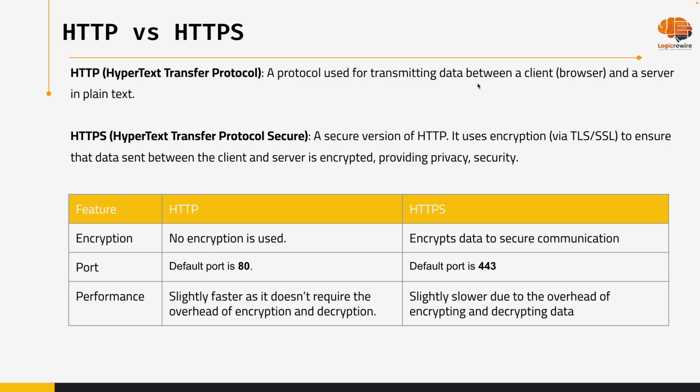HTTP is nothing but transferring data between client and server, but HTTPS is the secure version. Whatever talks happen between the client and the server, there will be encryption and decryption. Encryption means changing one form of data into another form. Like, let's suppose I'm writing Sandeep, but it will change into A, B, C, D or something else, so that even if other people take it, they can't decode it.